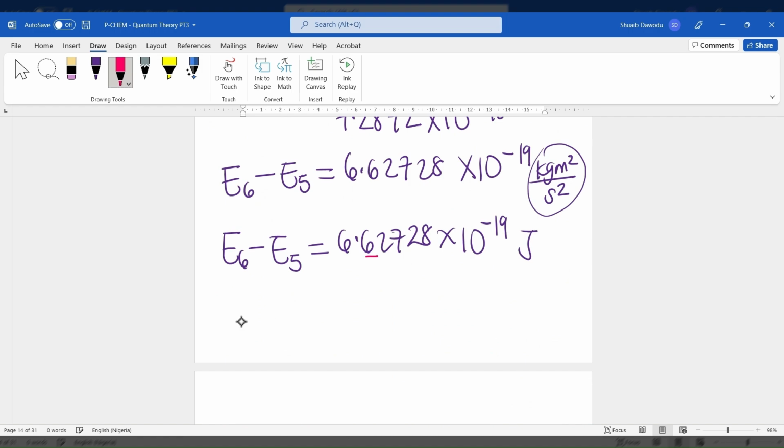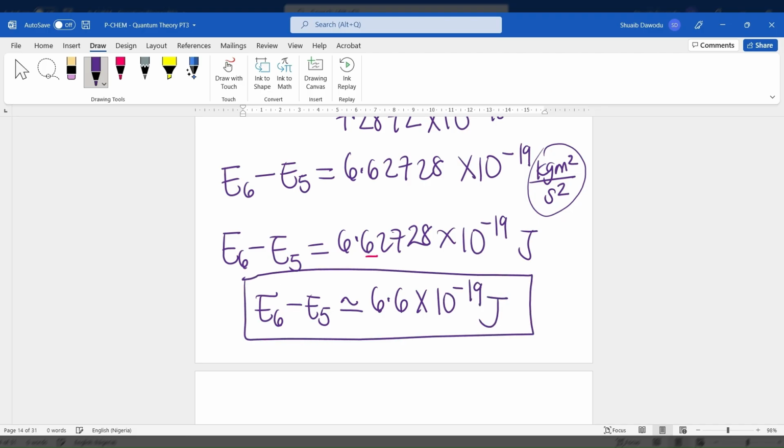So our final answer is going to be in two sig figs. Therefore, E6 minus E5 is 6.6 times 10 raised to the power of negative 19 joules. This is the final answer to the first part of the question, which is to determine the value in joules. So our first part of the question is done.